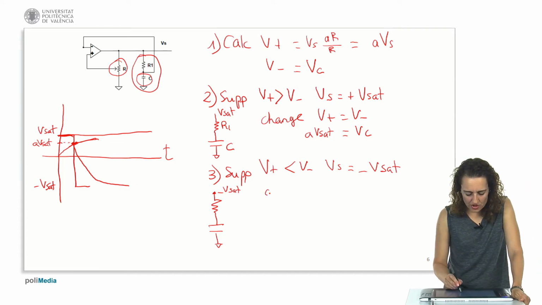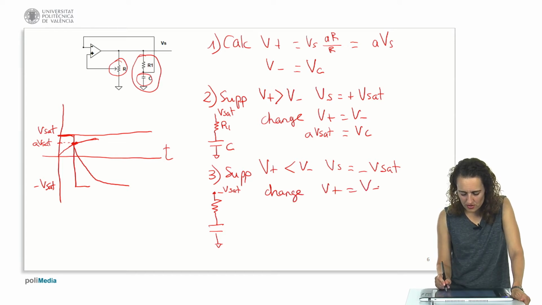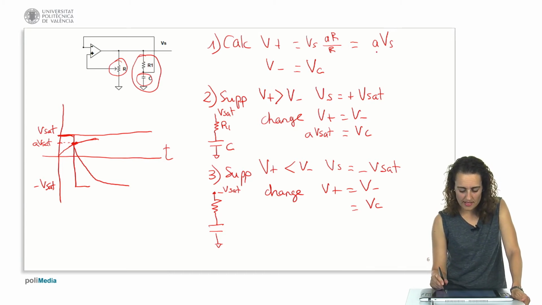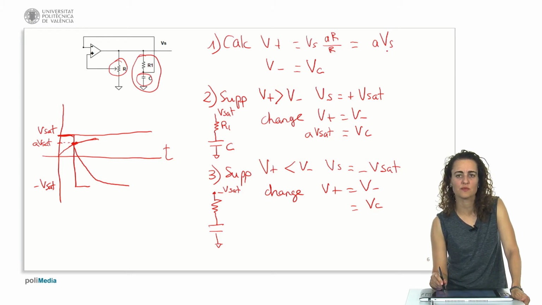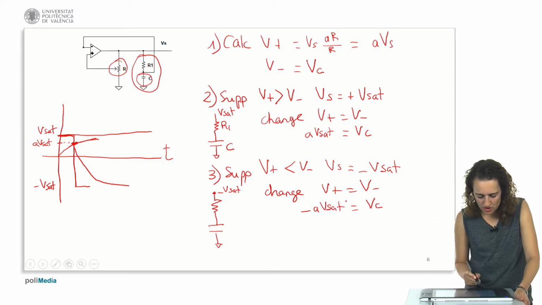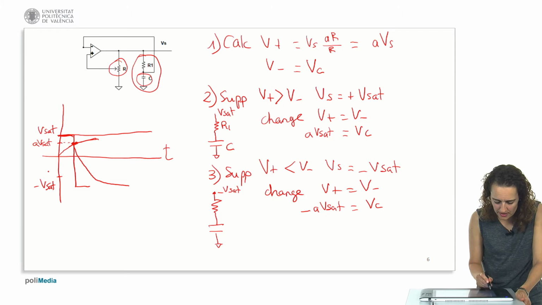However, we will have a change of state when V plus is equal to V minus, that means when the capacitor reaches the value of V plus. How much is V plus now? It is A times Vs, but Vs is minus saturation voltage. So V plus is minus A times Vsat, which is somewhere here.